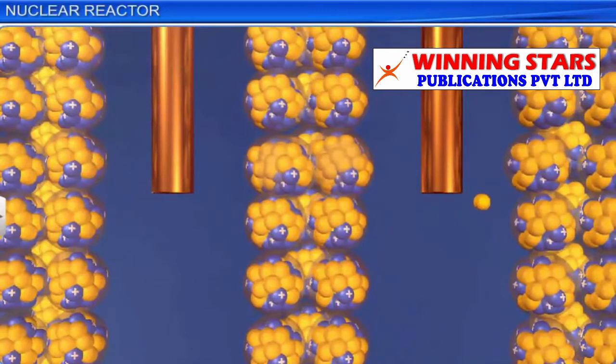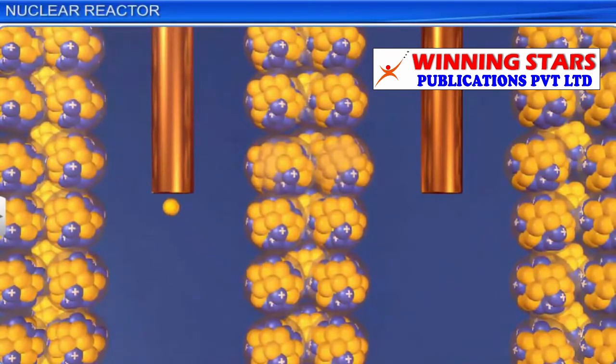These light nuclei material, called the moderator, which is provided along with the fissionable material, slow down the neutrons released during fission and therefore help to increase the probability of fission of uranium-235 nuclei.